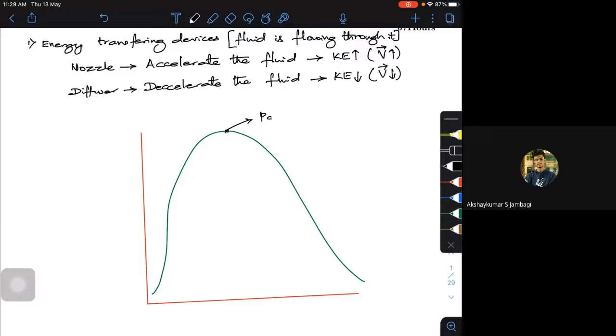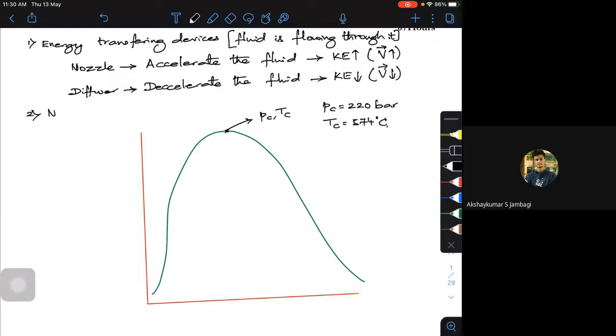I have the critical pressure and the critical temperature. Your critical pressure is 220 bar and your critical temperature is 374 degrees Celsius. These are my critical values. Now what will happen when this fluid is expanding in a nozzle?